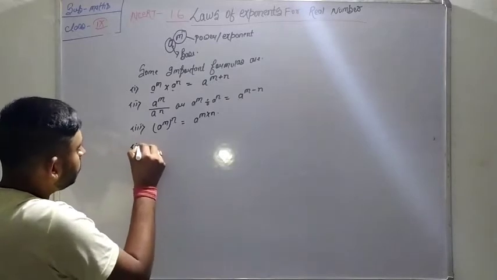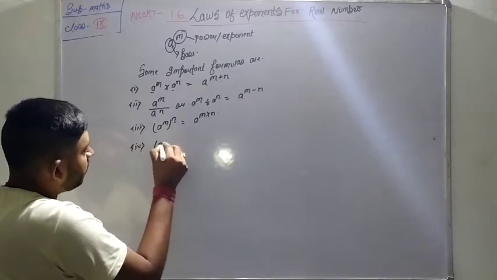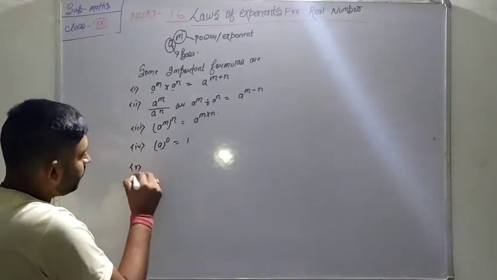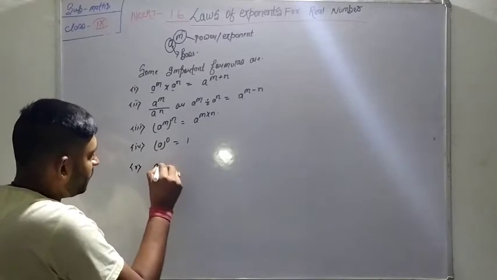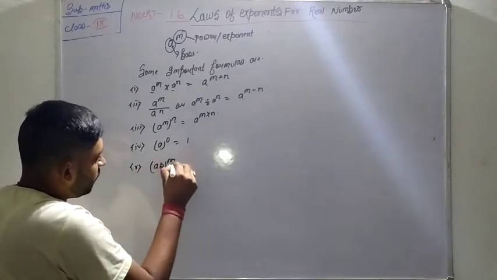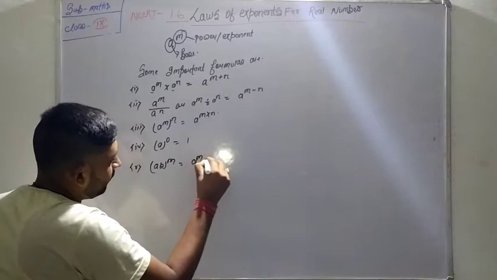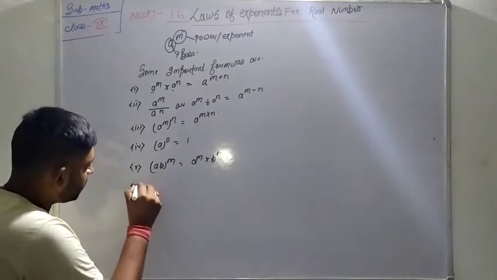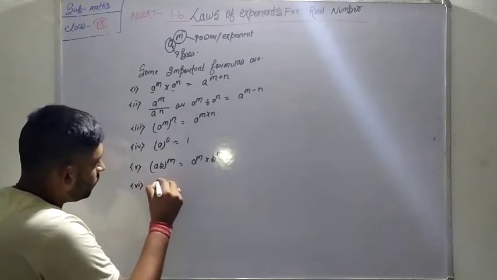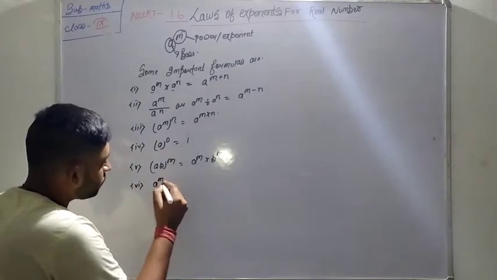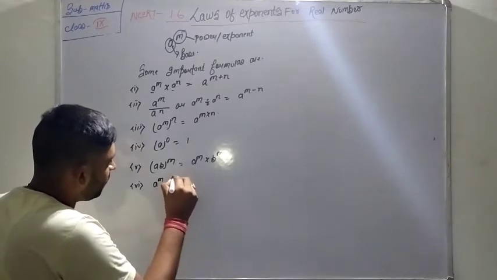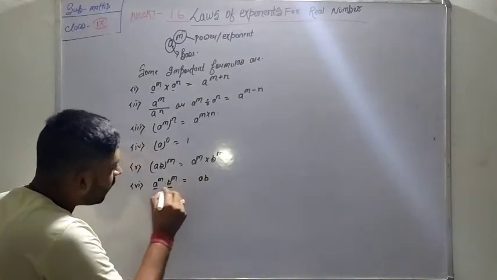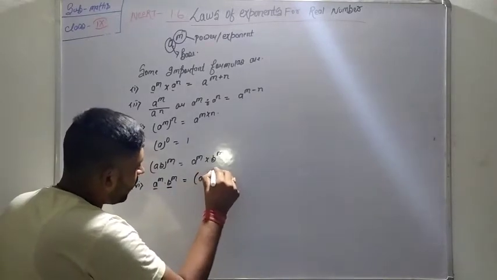Now number 4: a raised to the power 0 is equal to 1. Number 5: ab raised to the power m is equal to a raised to the power m into b raised to the power m. And number 6: a raised to the power m upon b raised to the power m is equal to a upon b, the whole raised to the power m, because both have equal powers.